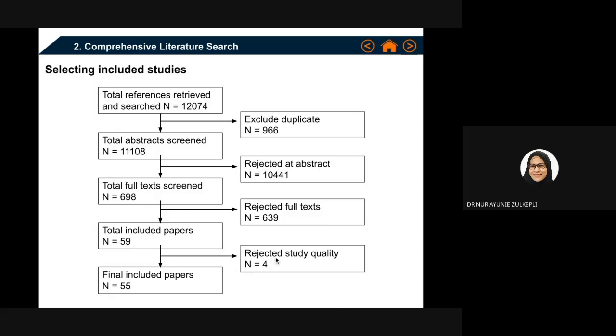And then I will assess the quality of those papers. So I reject 4, maybe because the finding is negative or has some bias. So the final included papers number 55 for the systematic literature review.